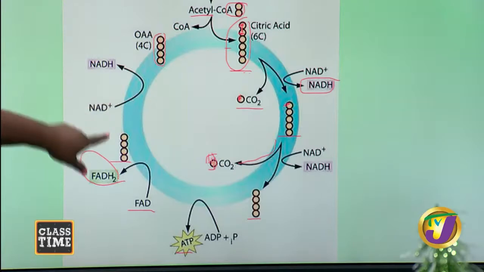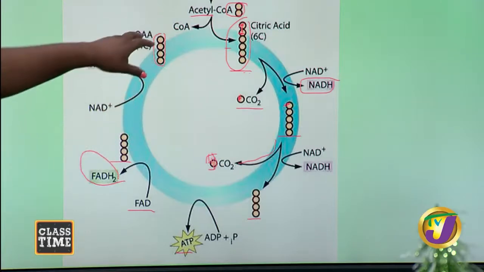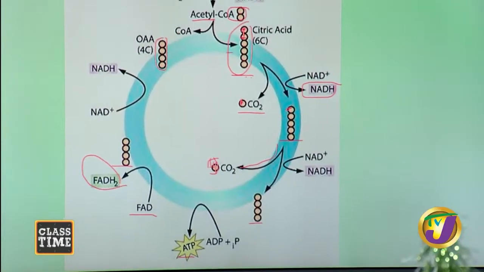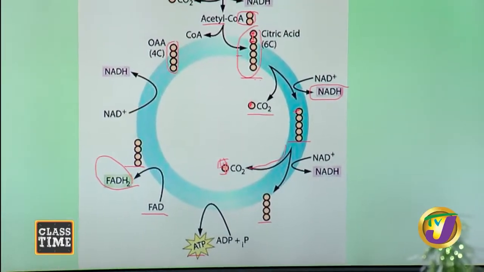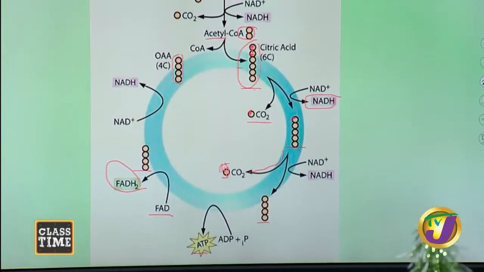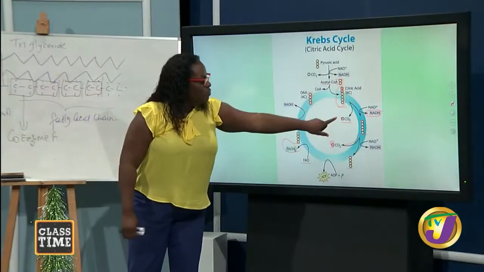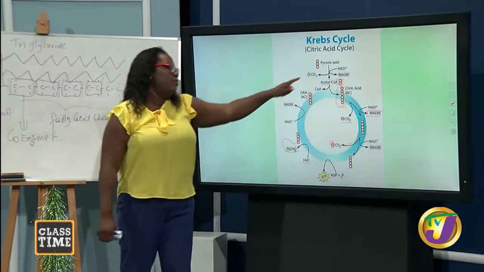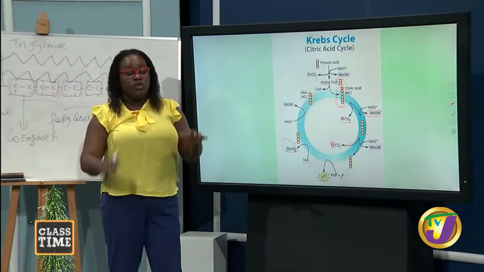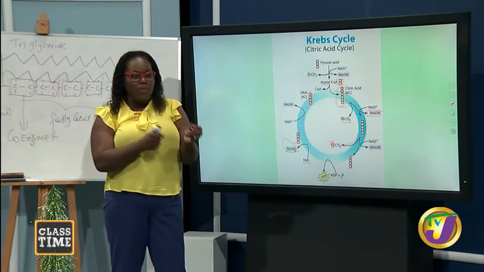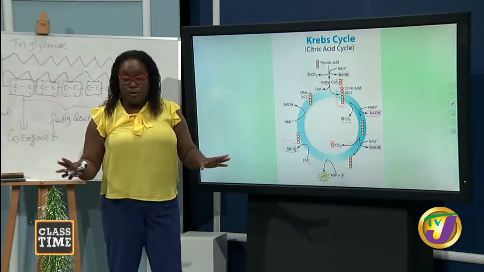Anyway, on its way back to being converted into oxaloacetic acid again, another molecule of reduced NAD is made. Now, class, I want you to bear this in mind. So far, we have lost both of the carbons that we entered the Krebs cycle with. So by the end of the Krebs cycle, all of the glucose carbon-carbon bonds have been broken.